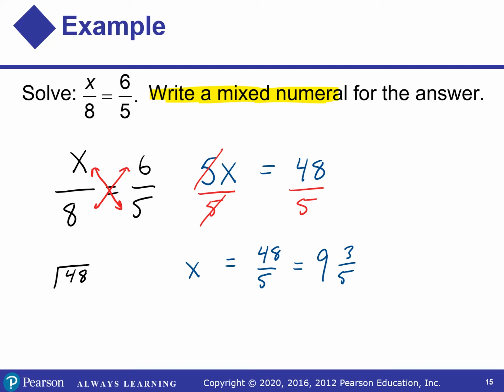So 48 divided by 5, 5 goes in 9 times. That's 45. So we have a remainder of 3. So there's the 9 whole times, there's the 9 with the remainder of 3 out of 5. So there's the 3 over 5 part.